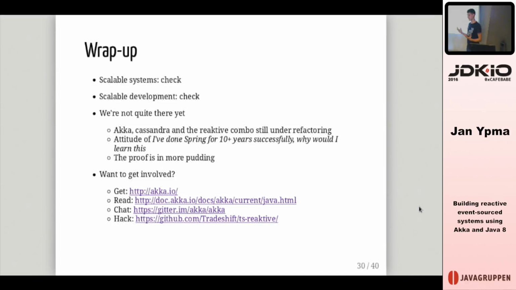But there are still challenges. We've gotten more and more involved with Akka and development around Akka as well, and a lot of these technologies are still being fleshed out.